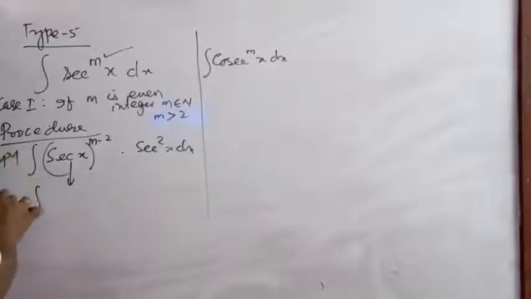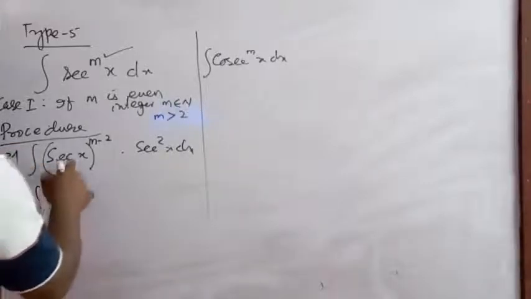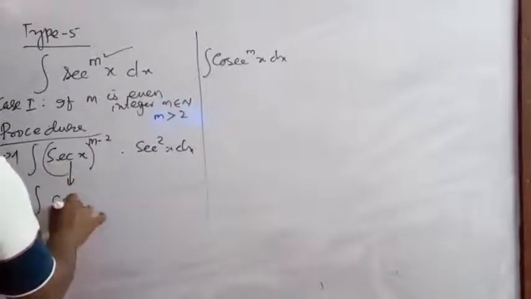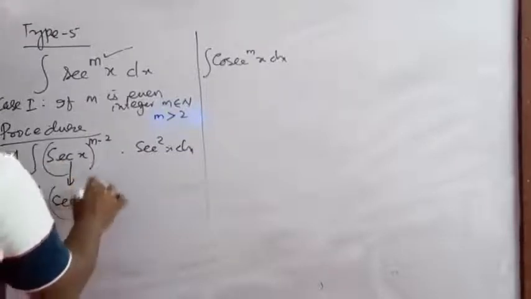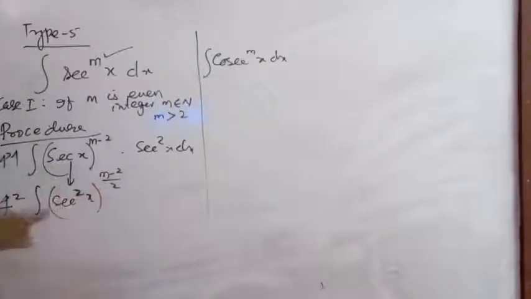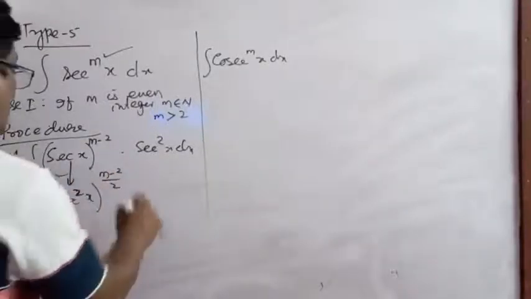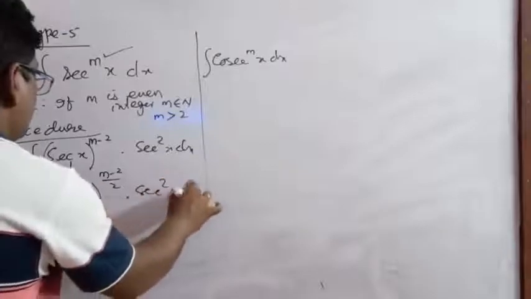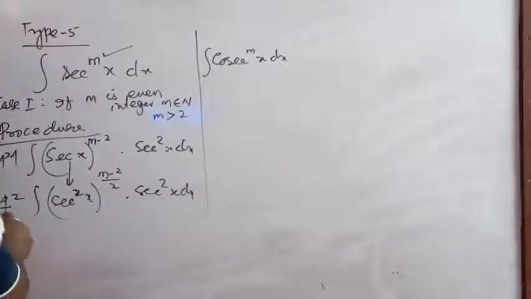Step 2: convert the remaining term into sec square form, so sec square x to the power (m minus 2) by 2, and this is sec square x dx.